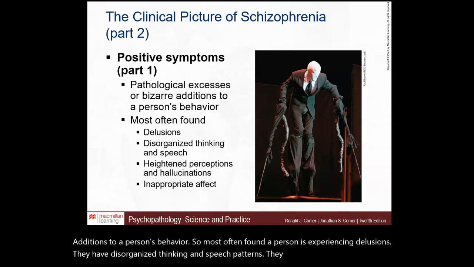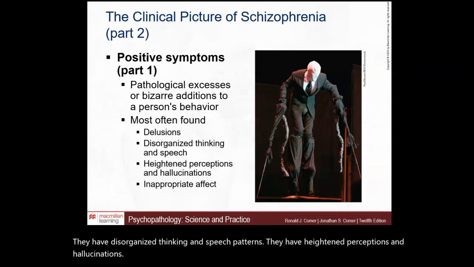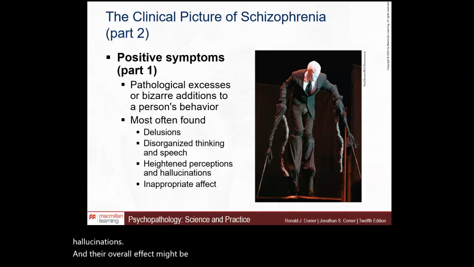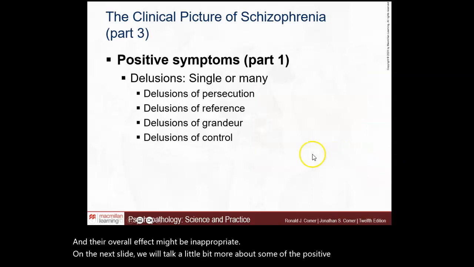They have heightened perceptions and hallucinations. And their overall effect might be inappropriate. On the next slide, we will talk a little bit more about some of the positive symptoms.